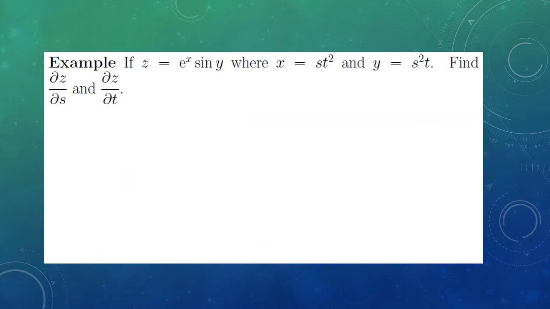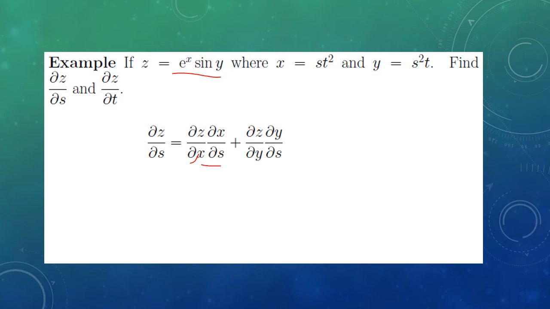To do an example, let's let z be a function of x and y, where x is a function of s and t and y is a function of s and t, and find both of these partial derivatives. The partial derivative of z with respect to s follows this formula here, so we can compute each individual piece. We'll take the derivative of z with respect to x and multiply by the derivative of x with respect to s, and then add the same thing using y.